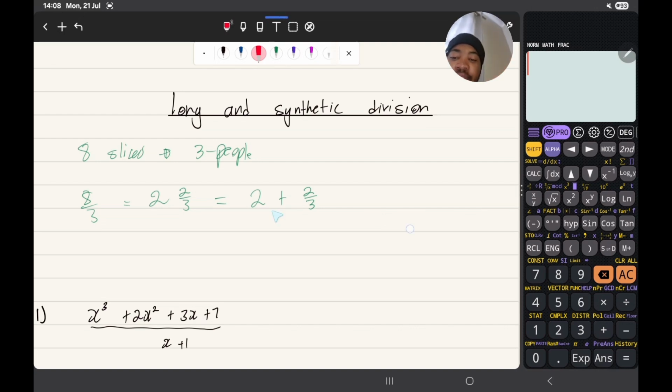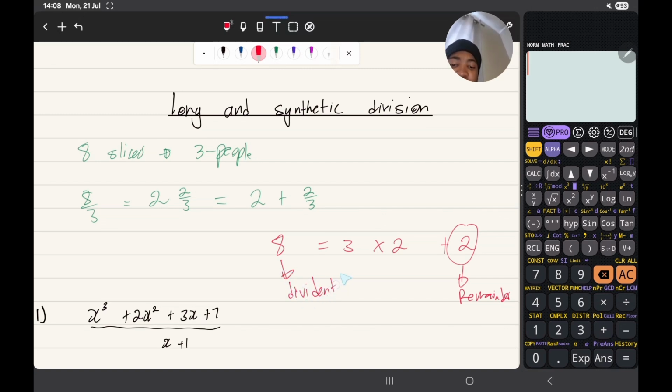So with this we can also write 8 equals 3 multiplied by 2, plus 2. This 2 becomes the remainder. And 8 is what we call the dividend.